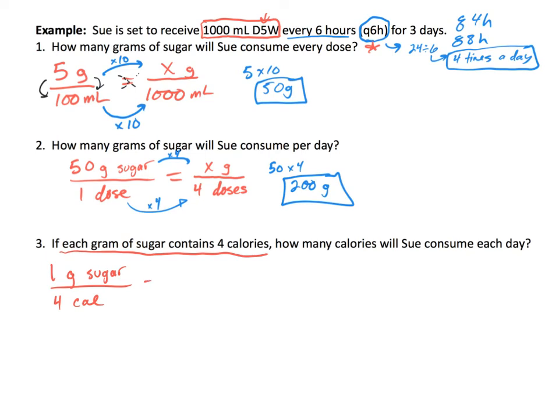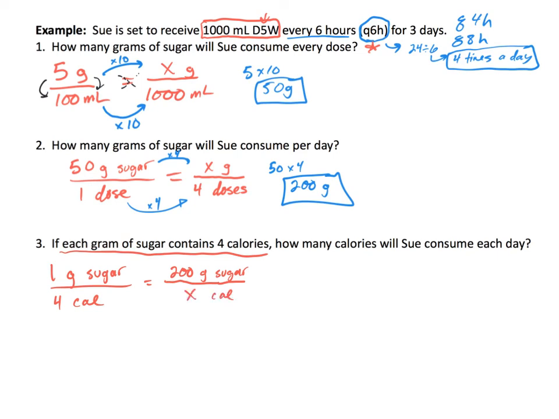But we know that Sue did not receive 1 gram of sugar. If she received 1 gram of sugar in the day, then we would have our answer, it would just be 4. But Sue received 200 grams of sugar. Through all of these fluids, that is a total of 200 grams. We don't know how many calories that is.